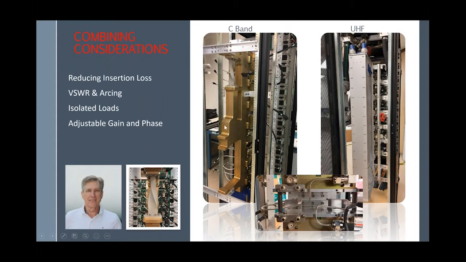Second, the isolated loads. When combining two racks, I can use the isolated load or isolated attenuator to feed back to the control and see the error of phase and gain between racks. Or within a rack, I do the same way. If I have 16 in a rack, instead of combining 16, I combine 8 and 8, and I have a 3 dB hybrid or a mesh KT to make the final combination of the 8 and 8.